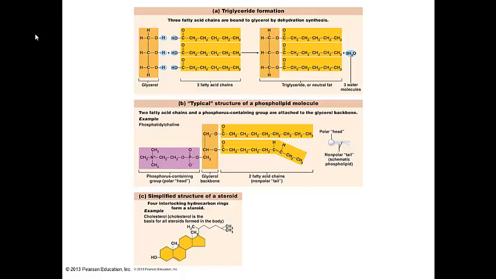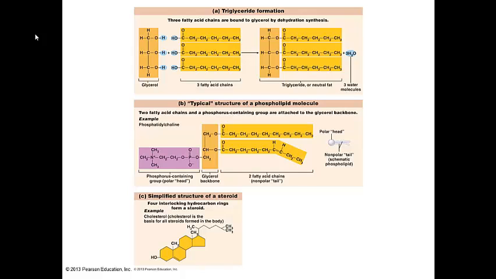When I look at fats stored in our body, we see them typically stored in this form. It's called a triglyceride. What's a triglyceride? Yeah, a glycerol and 3 fatty acids. Now, how do I get the fatty acids to stick onto the glycerol? What is that called? Dehydration synthesis. So I suck out water to bring the two together.